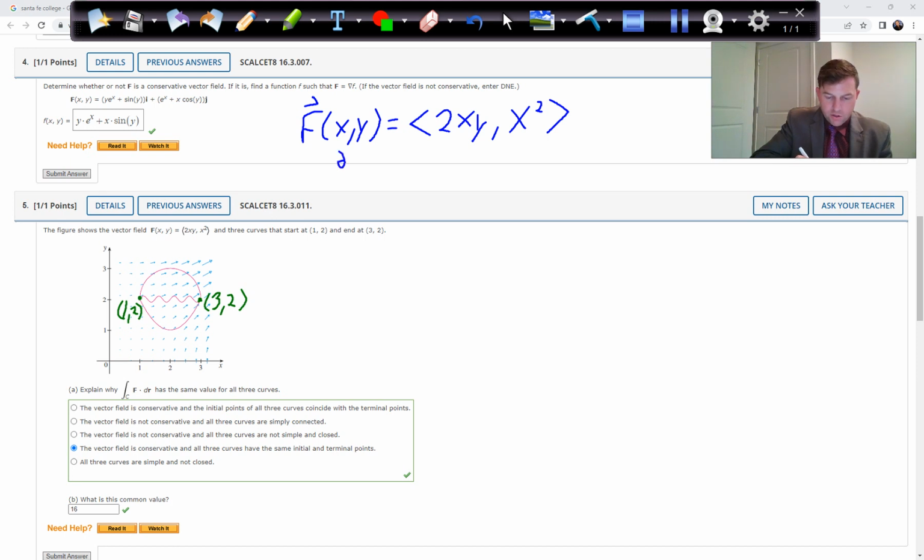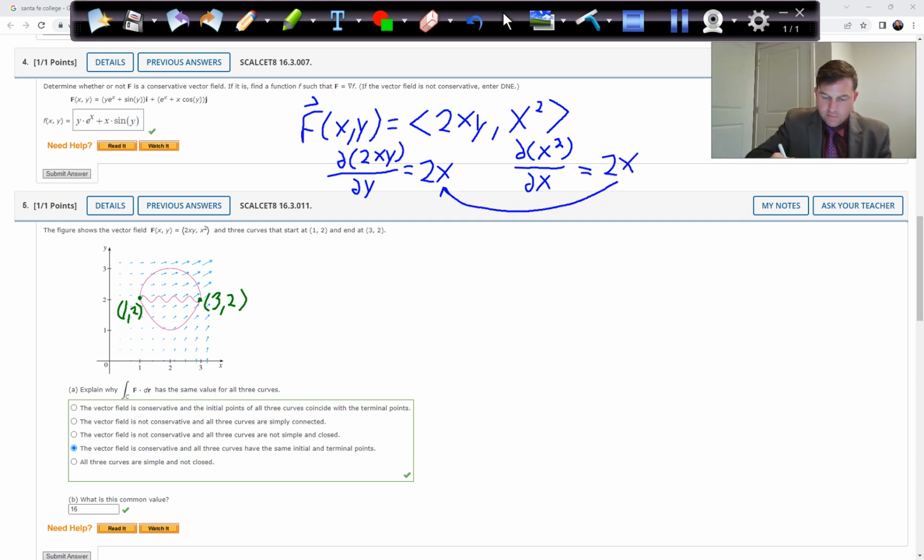So we're going to take the partial derivative of 2xy with respect to y, and that would be just 2x. Then we're going to take the partial derivative of x^2, the j component, with respect to x, and that's also 2x. Now these are the same, therefore F is conservative.